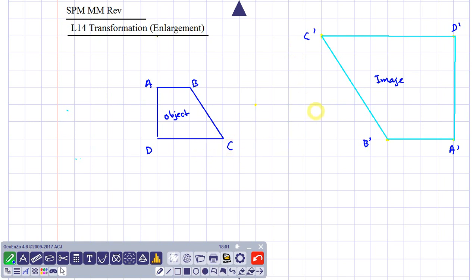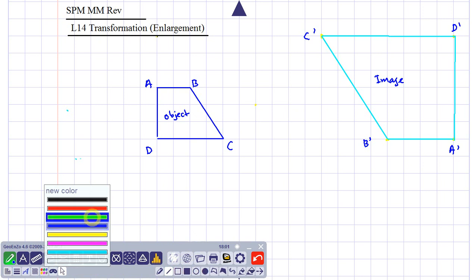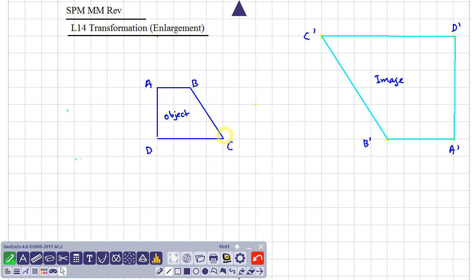Now you have two trapezium. This is object, this is image. If you want to describe this enlargement, it is actually very easy. We need to mention two things. Remember, center of enlargement and scale factor. Let's find the center first. The method to find the center is always the same. For enlargement, choose any two pairs of corresponding vertices.